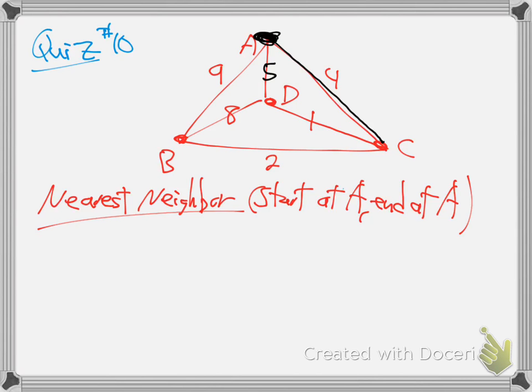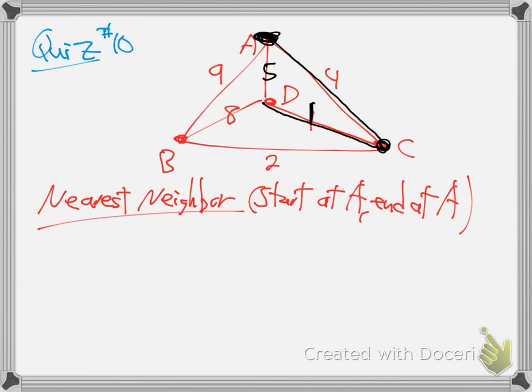So go A to C, and then from C, where do you go next? What's the lowest path from C? Well, the D. It's only 1. That's the lowest road, right? Cheapest. I'm not talking about overall. Don't think something different than what I'm saying.